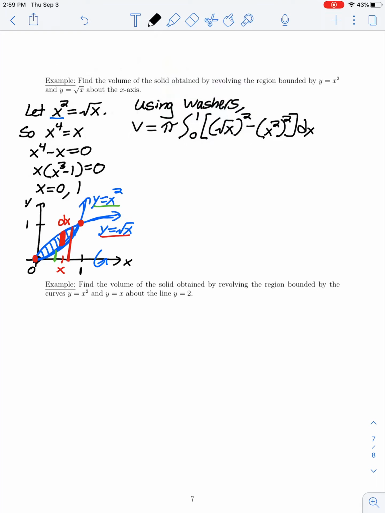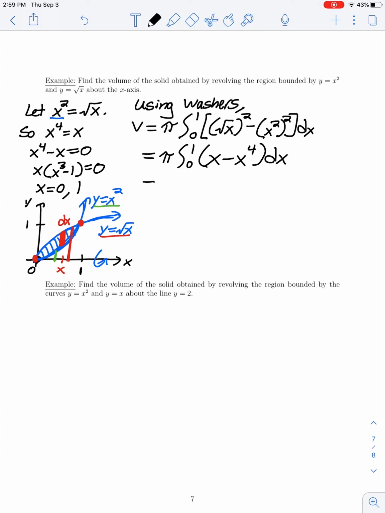So simplifying here, we have pi times the integral from 0 to 1 of the square root of x squared, which is x, minus x squared squared, or x to the fourth, dx. Then the antiderivative of this function would be pi times 1/2 x squared minus 1/5 x to the fifth, which is being evaluated from 0 to 1.